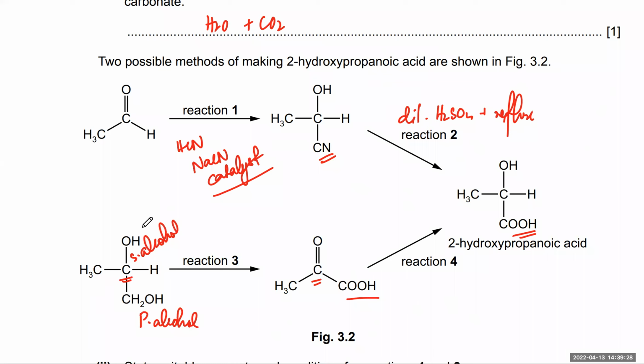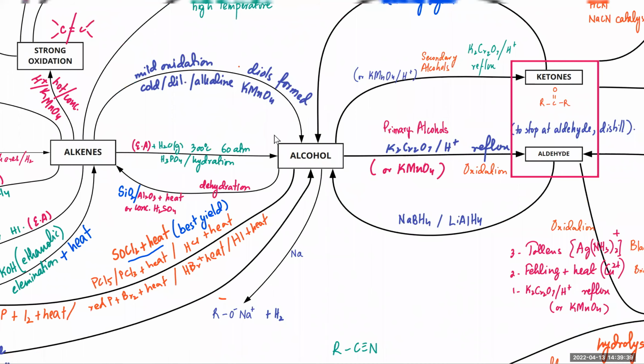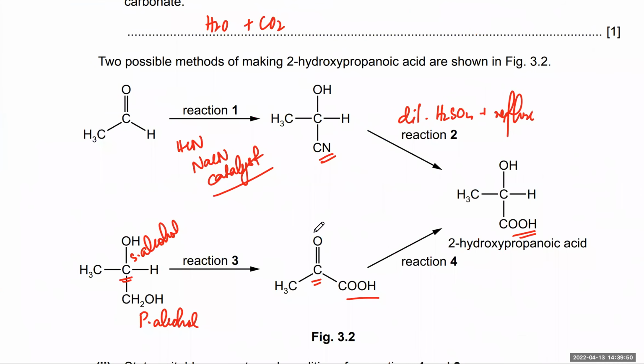This one is a secondary alcohol because the OH is bonded to a carbon that's bonded to 2 carbon chains. So मतलब अगर वो चार्ट में भी देख लो तो primary alcohols, they turn into aldehydes and then they turn into carboxylic acid through oxidation. Secondary alcohols, they turn into ketones. So in this case, both things are happening.